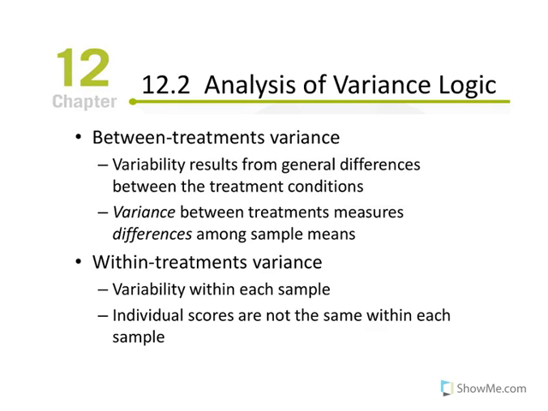Individual scores are not the same within each sample. So again, we see that within each treatment, the scores are going to differ, and we refer to that as within variance or within treatment variance. And then when we're comparing one condition to the other conditions, we refer to that variation as between treatment variance.